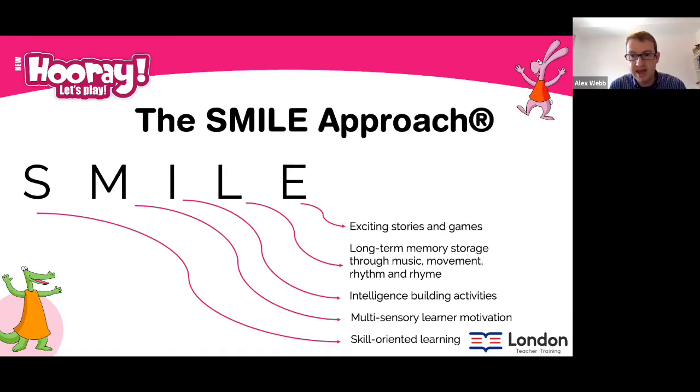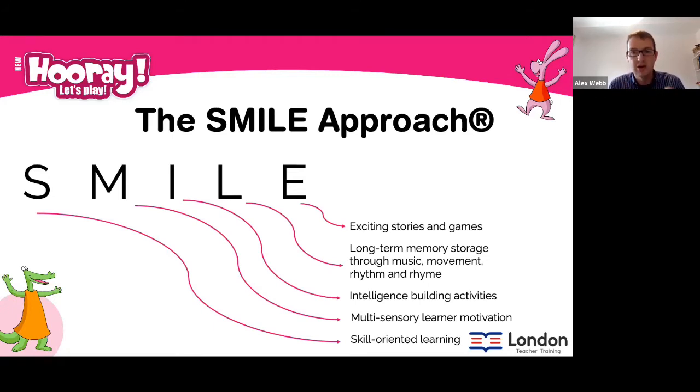And finally, the E stands for exciting stories and games. It's really important that the young learners can identify with what is being taught and what they are learning. It helps them to remember it. So if you've got really exciting stories, enjoyable games, enjoyable activities, it just makes that language much more memorable for the students.